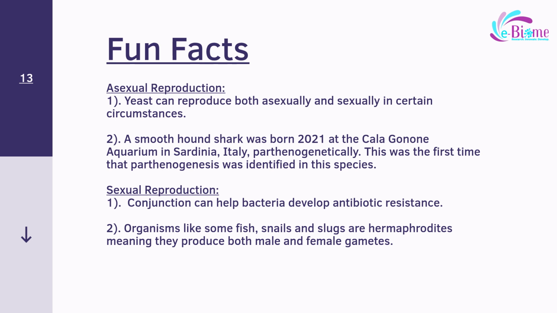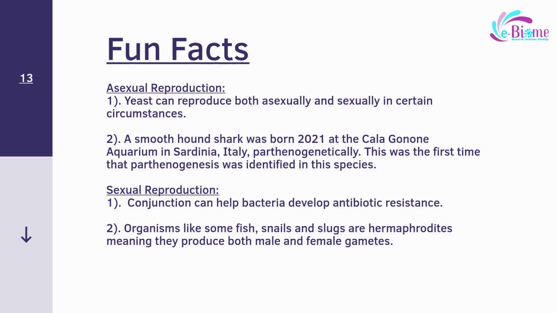And finally, did you know that some organisms, like some fish, snails, and slugs, are hermaphroditic, meaning that they produce both male and female sex cells or gametes? In the cases of some fish, like clownfish or sheephead fish, these fish start out male and develop into females, so they produce two types of gametes throughout their entire lifetime.